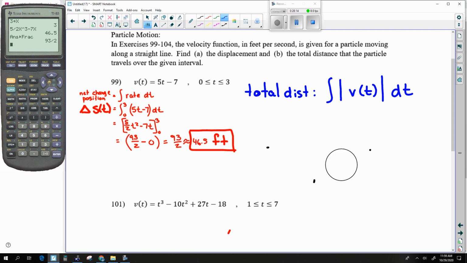Okay, so how do you do that? How do you make an absolute value? So what I do is I take my velocity and I set it equal to 0. And I see that I have an important time occurring at 7 over 5, aka 1.4.